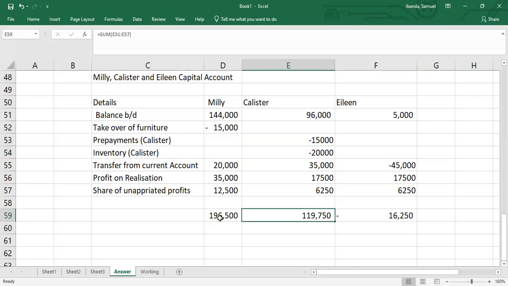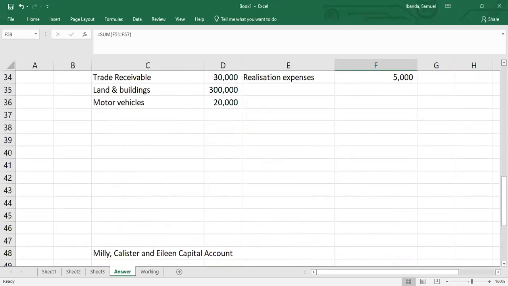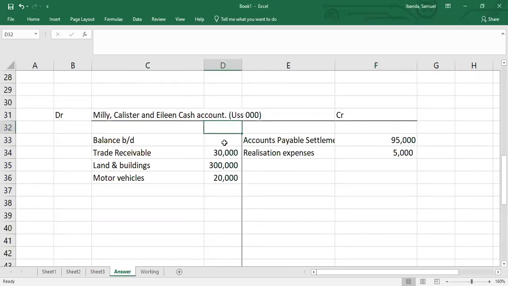So we can see that Calista, this so-called Calista, already has 16,250, which is negative. Okay, and they have told us that in the question, yes, the balance brought down. I think in cash also went with 50K. Thank you. This was also 50,000 from the question. Okay. Yeah.